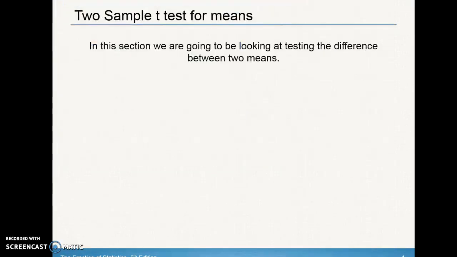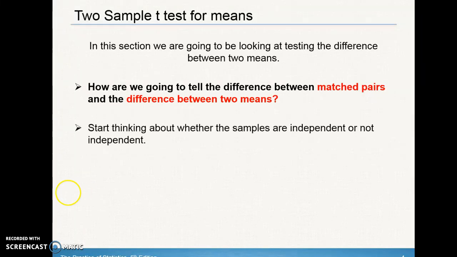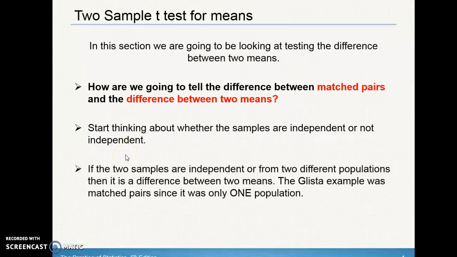So in this section, we're going to be looking at testing the difference between two means. So before we do that, we want to determine how we are going to tell the difference between matched pairs and the difference between two means. You're going to start thinking about whether or not the samples are independent. So when you're looking at your table, are they from two different populations or one population?